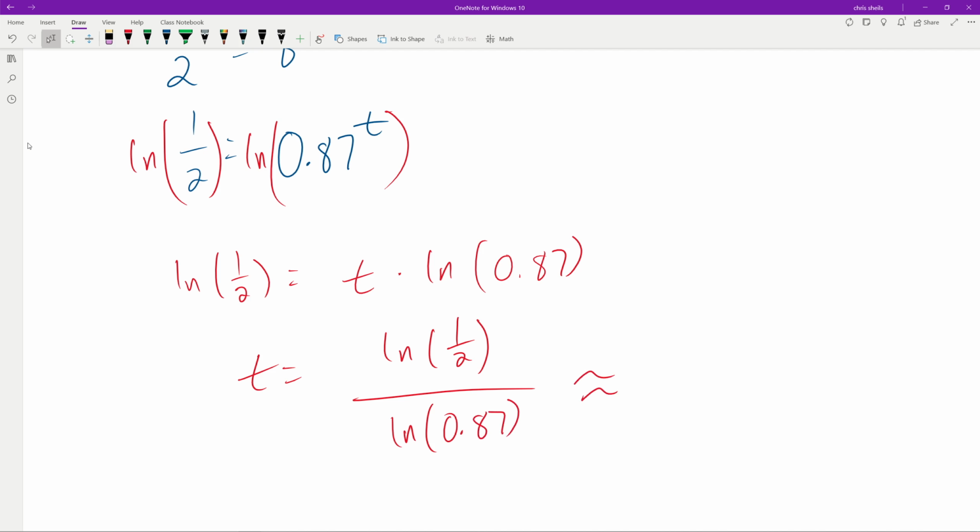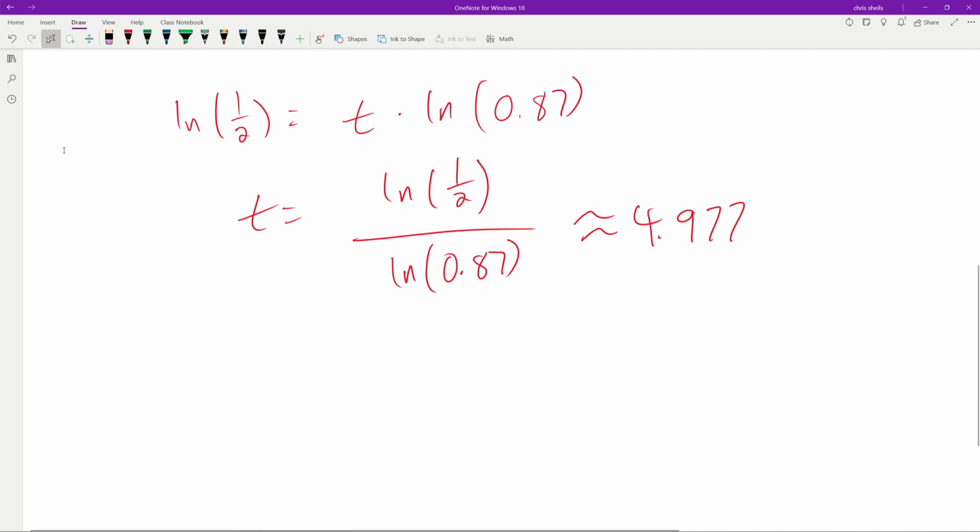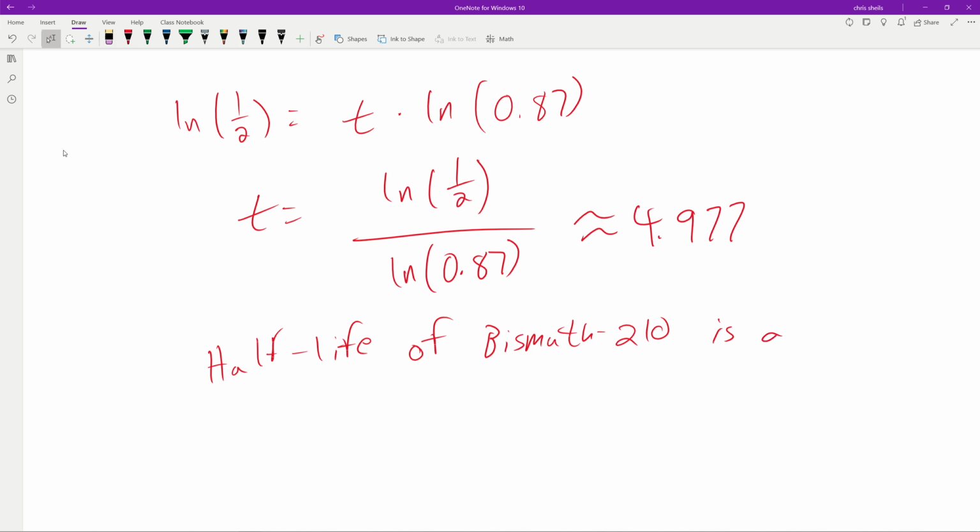And this is about 4.977. This tells me that the half-life of bismuth-210 is approximately 5 days, right?